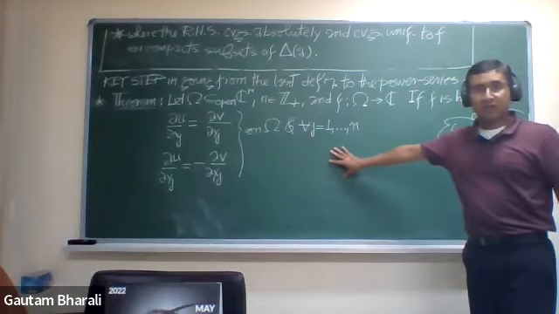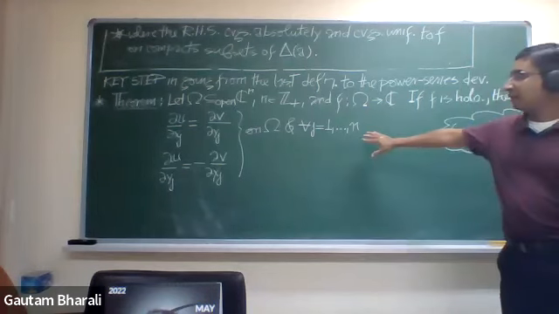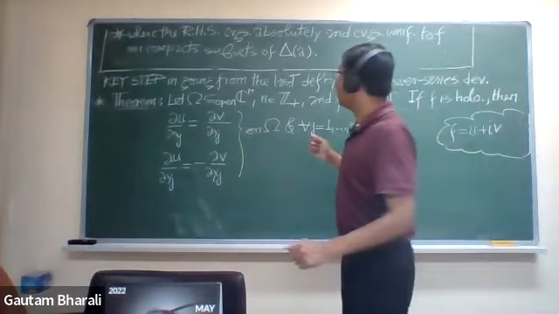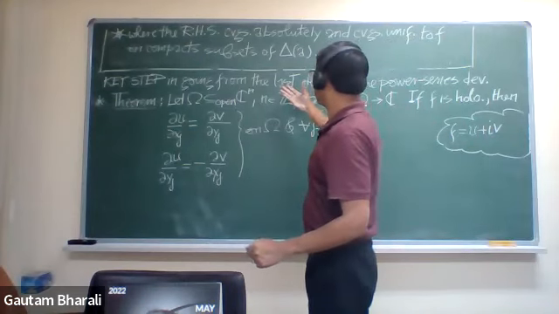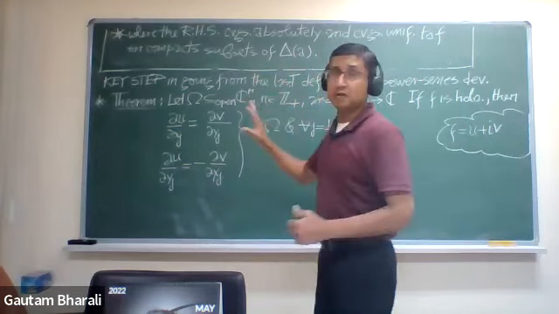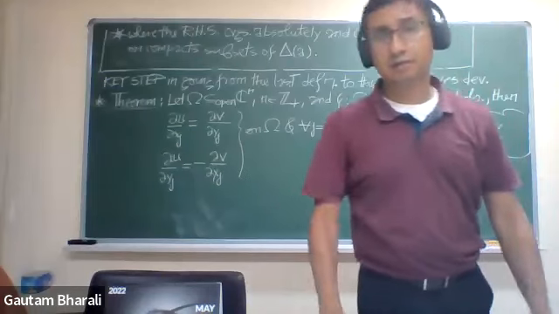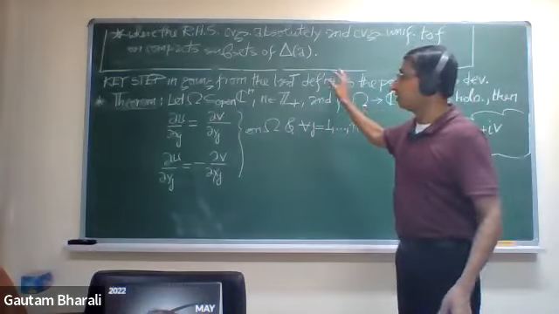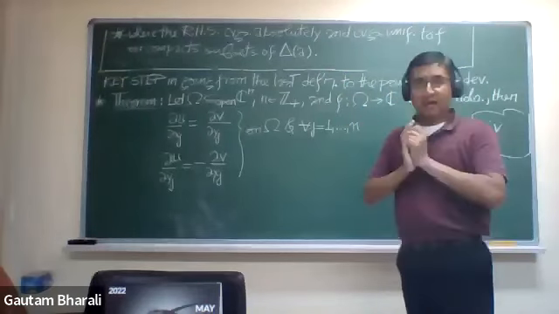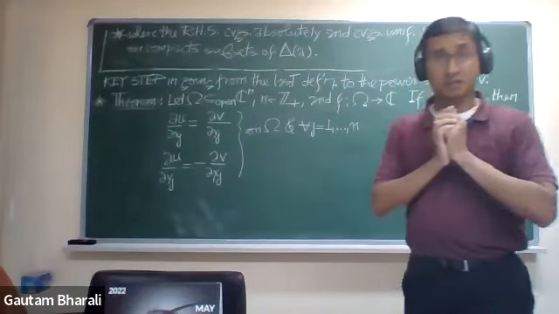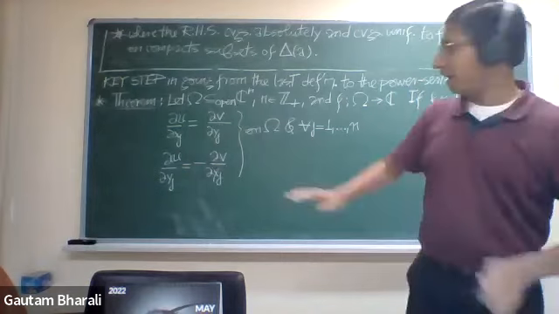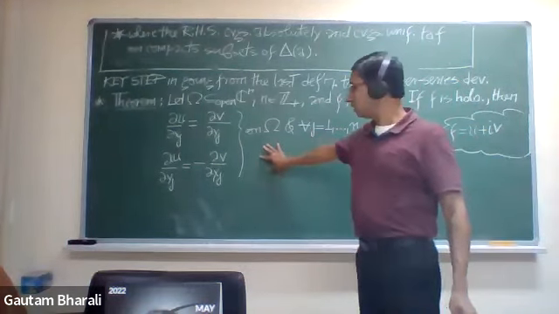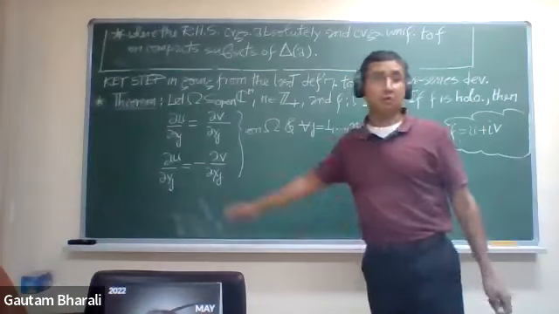Now, this should look familiar to you. And if it looks familiar to you, then you will probably be convinced that the key step in going from the last definition, which is about linear transformations, et cetera, to a power series development, that this is a key step, that assertion will feel convincing to you. I claim that this should be familiar to you. Forget about these indices for the moment.